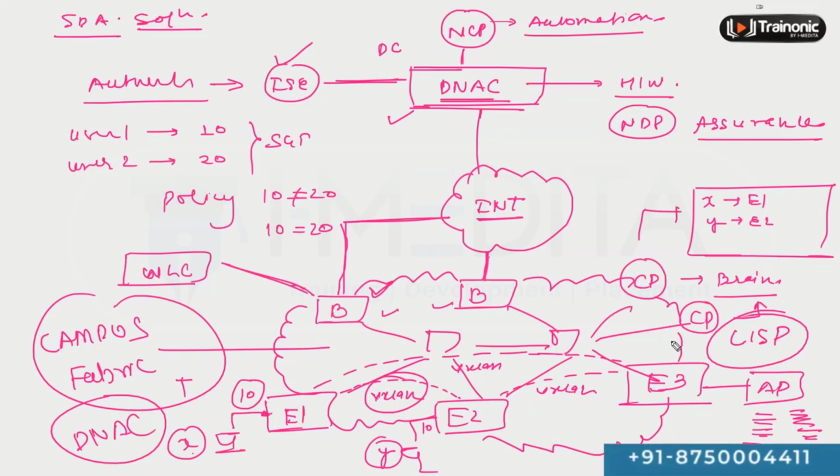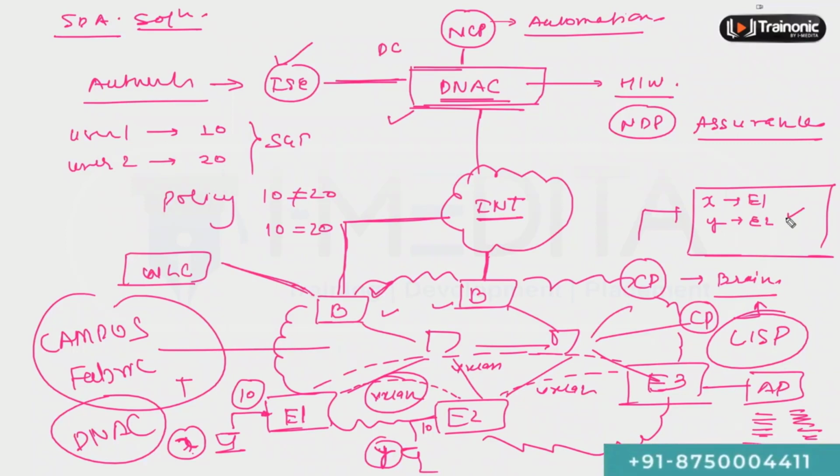LISP is the protocol responsible for managing which endpoint is connected to which S device. So later on, when this endpoint wants to go to that endpoint, the VXLAN encapsulation can be done properly. What encapsulation must be added when forwarding the traffic from one S device to the other can be managed by LISP. LISP is going to keep track of all this information.